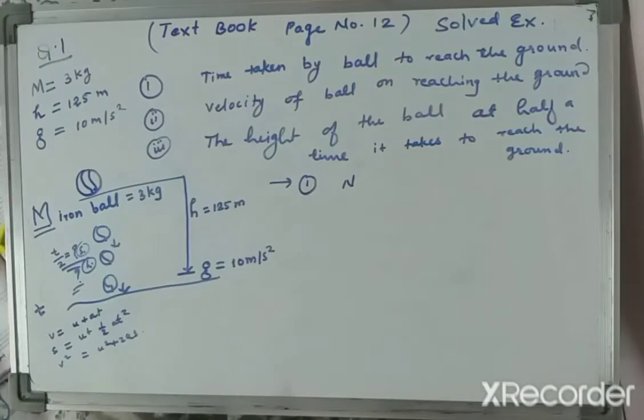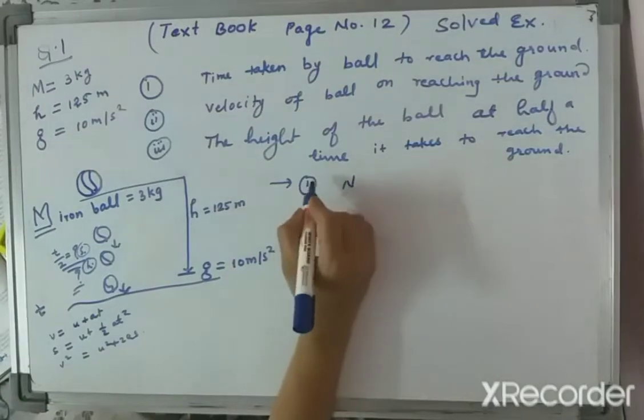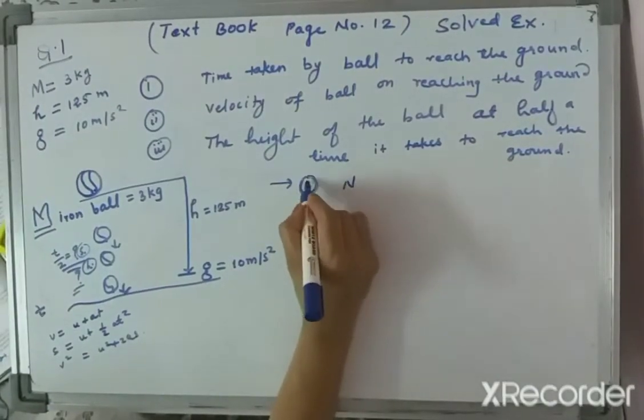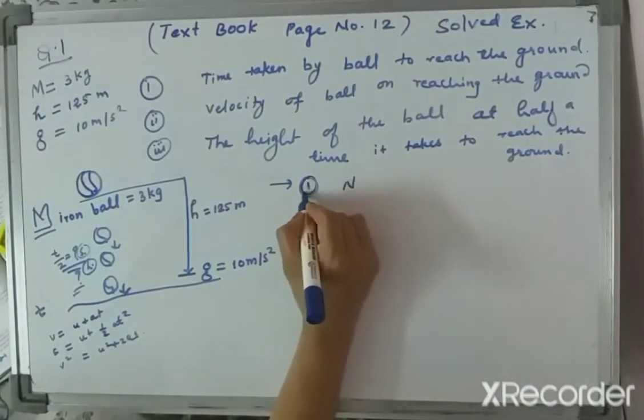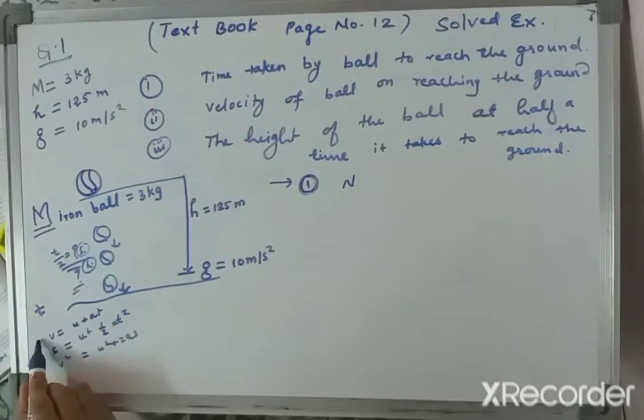So first question, time. Out of these three, we will use one. Now in the third, t is not there, so we cannot use the third one. Now two remain.